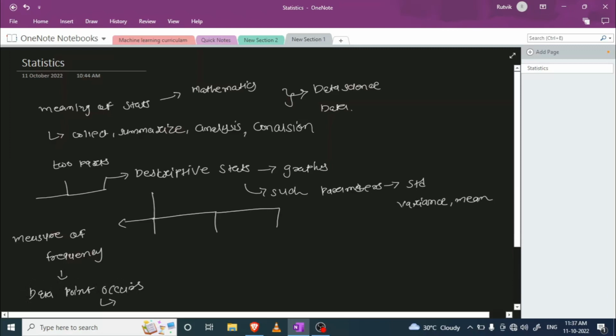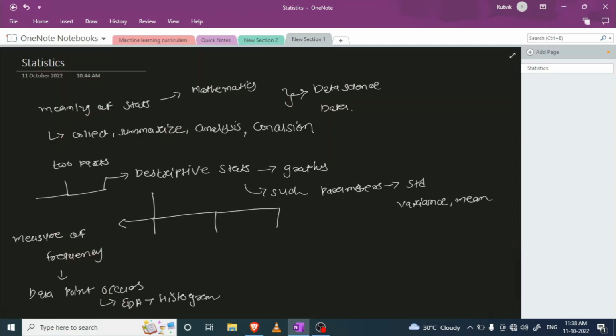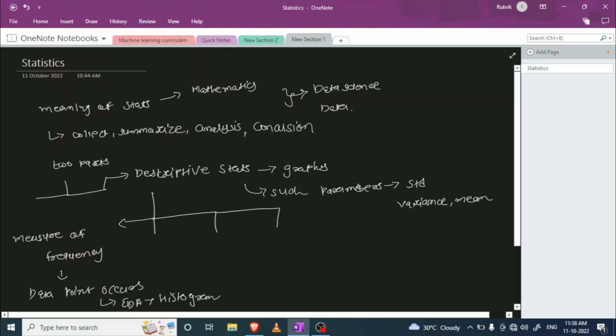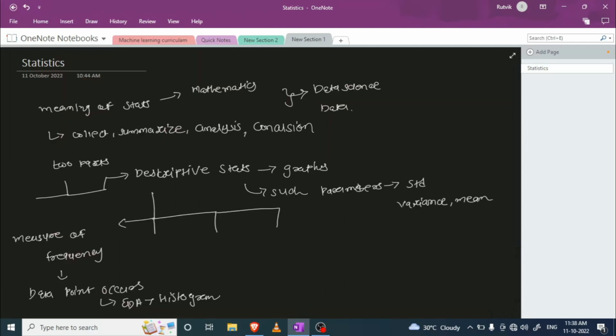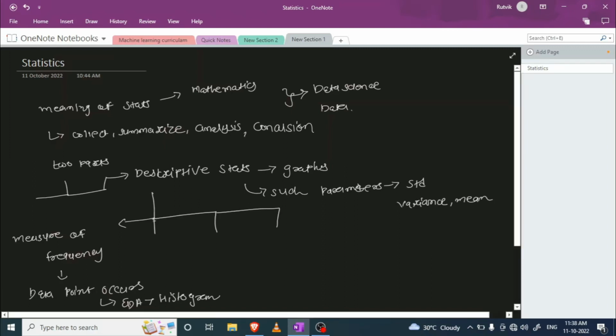If you have seen my video on EDA where I discussed histograms, we do the same thing there. In the histogram we plot a particular number of bins on the x-axis, and on the y-axis the frequency that a particular data point occurs. So histogram is a univariate analysis, and we discussed all these things in my EDA playlist.